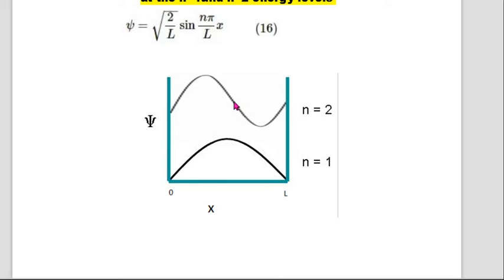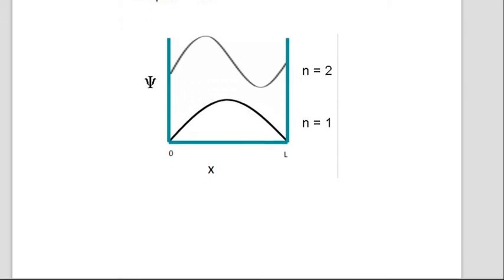Then the value becomes negative, reaches the maximum negative value, and then increases to 0 at x equals L. So at the midpoint, psi becomes equal to 0. On the left-hand side, psi is positive, and on the right-hand side, psi is negative. The positive and negative signs for psi don't signify much. We can leave it as such.